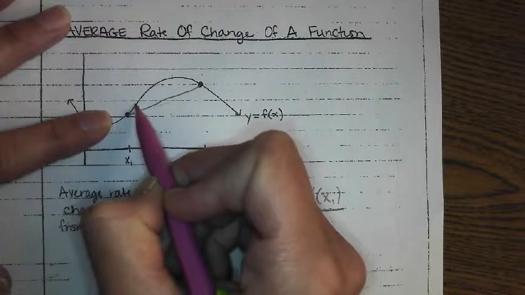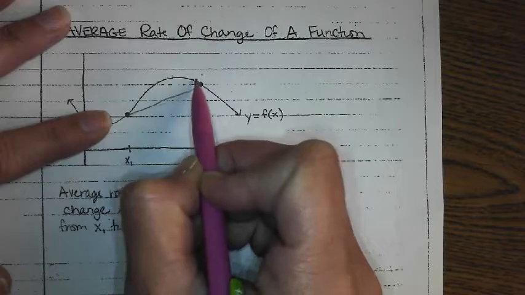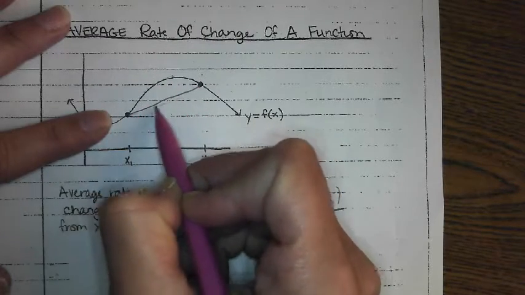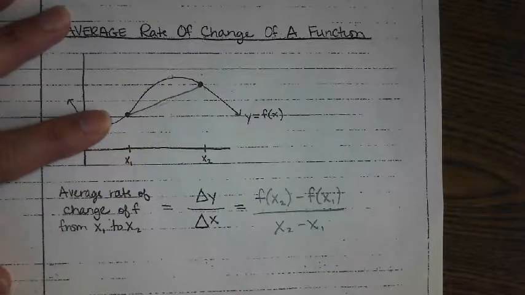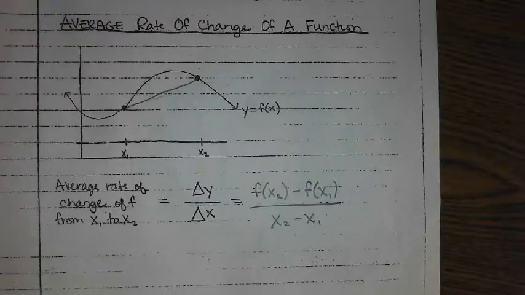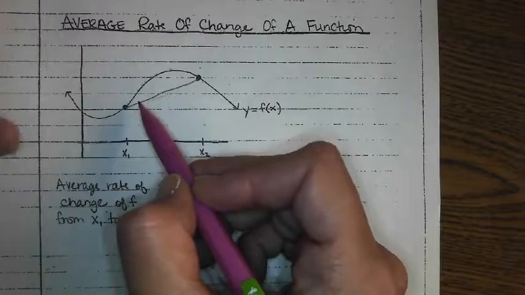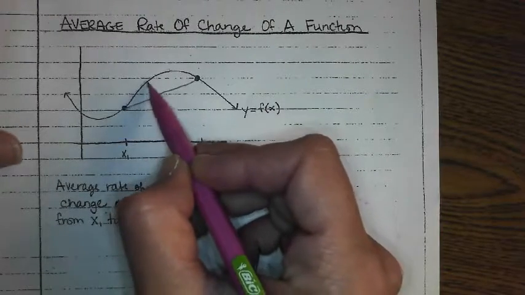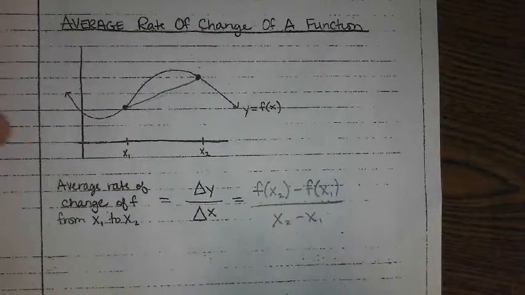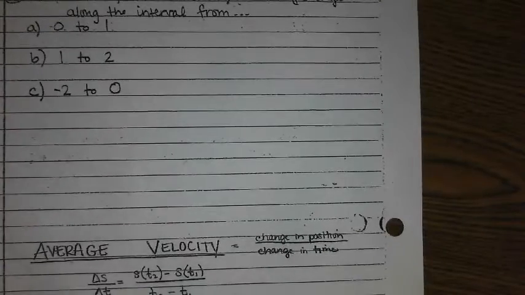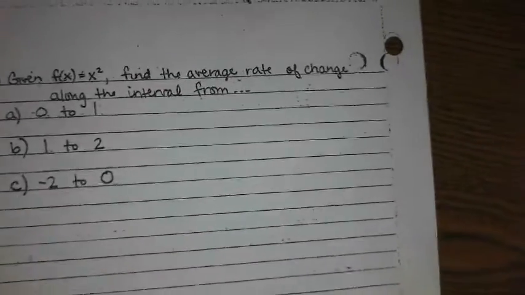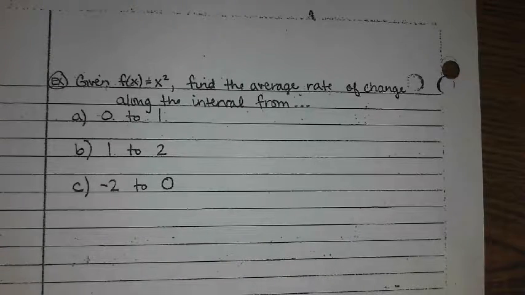But on average, all of these instantaneous slopes, if you average them out, will be that right there. Okay? So again, just playing into the idea of the fact that on any curve, the slope is constantly changing.